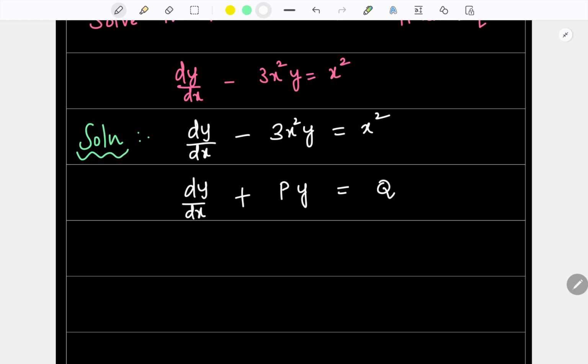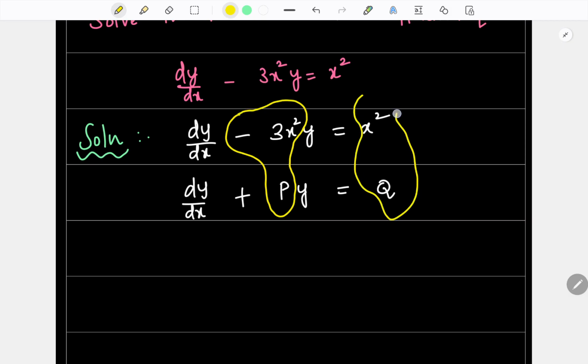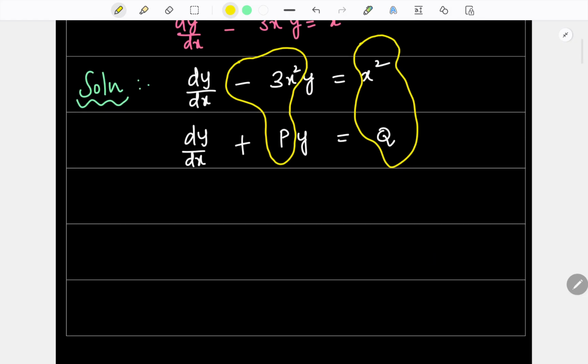So this is a first order linear differential equation, because of dy/dx. What is your p? Your p is the coefficient of y. And what's your q? The thing after the equal sign. So your p is −3x², and your q is x².